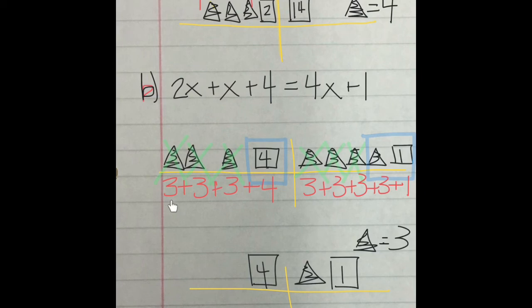Let's see, 3 plus 3 is 6, plus 3 is 9, plus 4 is 13. So my left side is 13. Let's check out the right side. 3 plus 3 is 6, plus 3 is 9, plus 3 is 12, plus 1 is 13. I did it.